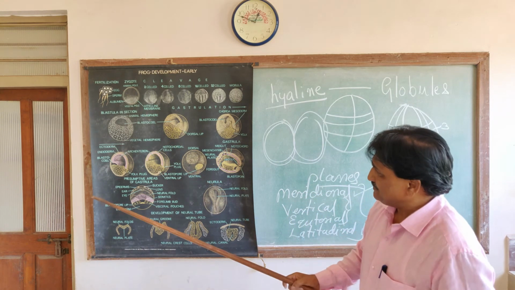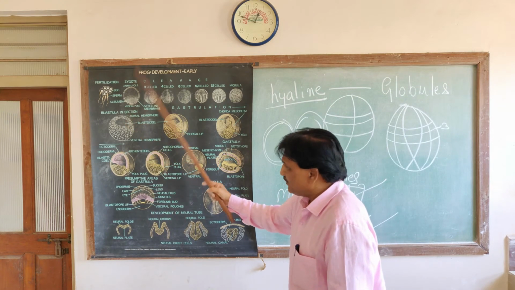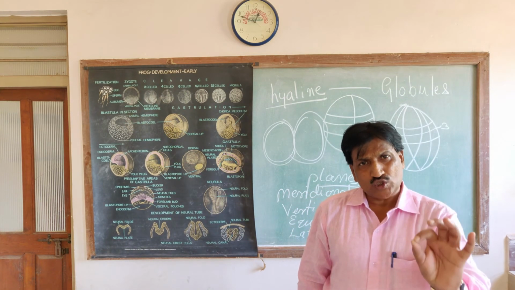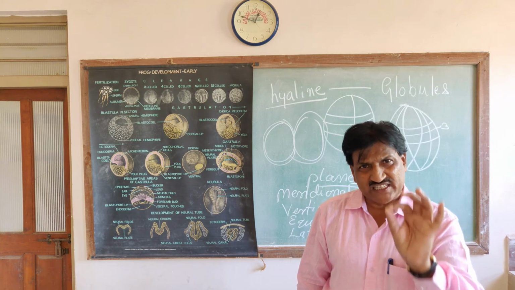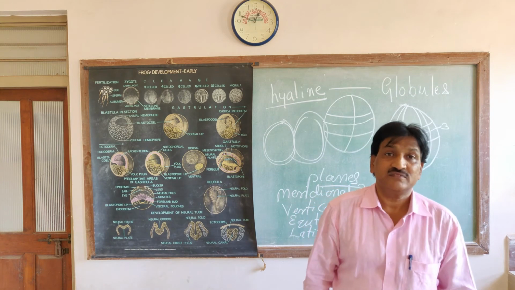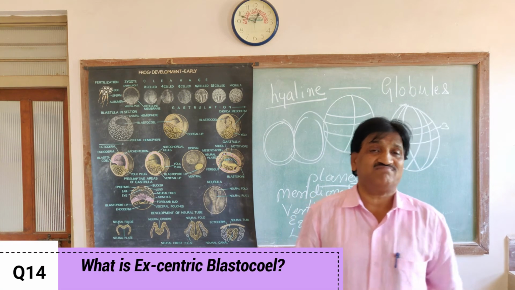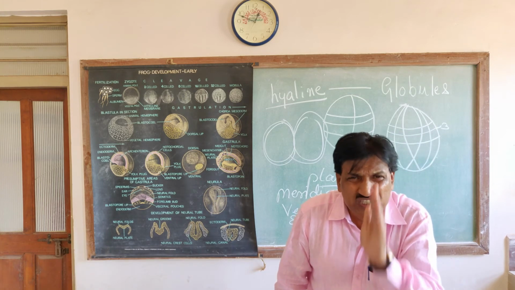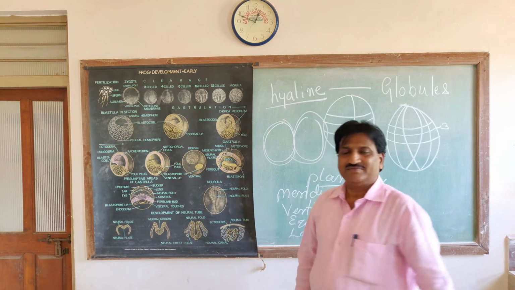Now, in the case of the frog, why is the blastocoel not present in the center of the embryo? That's called the position of the blastocoel. So what is the position of the blastocoel in the frog?